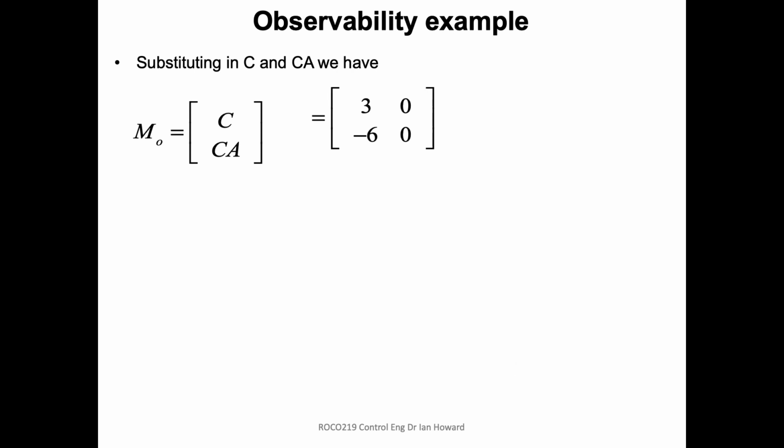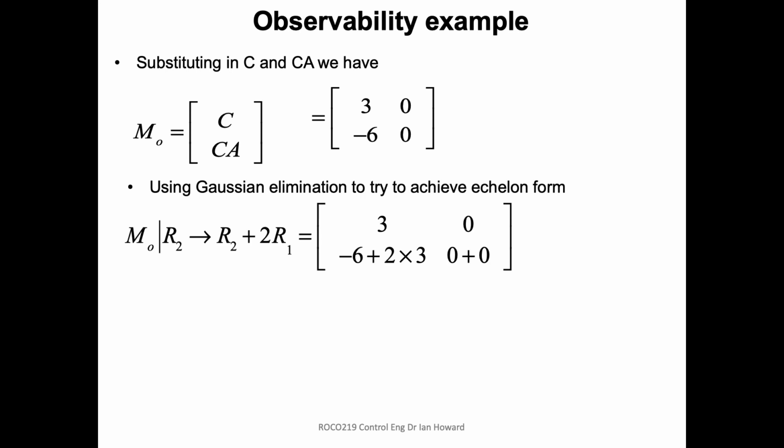Now I can immediately look at that and tell you that this thing is not going to be full rank, because if there's any linear dependency between rows, we know it's basically the same equation, just scaled differently. So we try doing Gaussian elimination to get echelon form. What you're going to find is the whole line's going to disappear. Let's say we want to turn this into a 0.